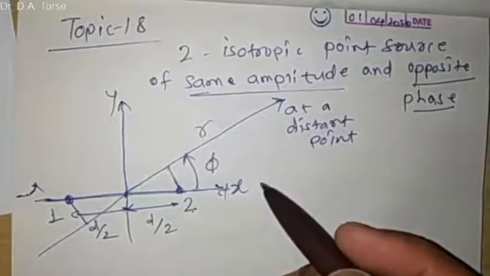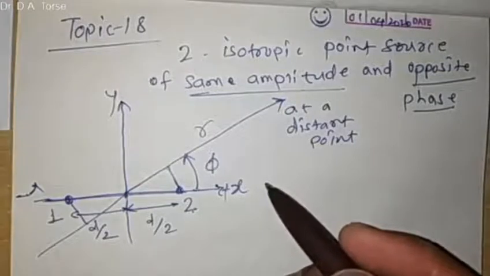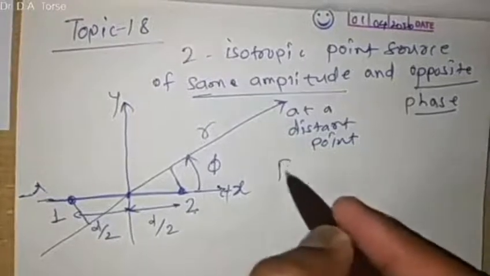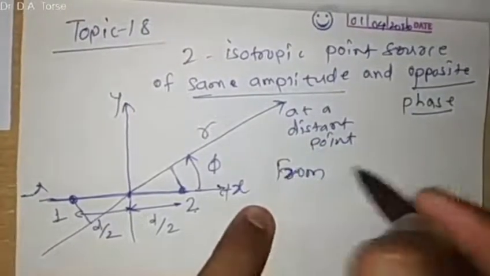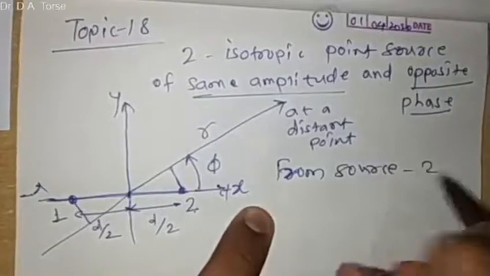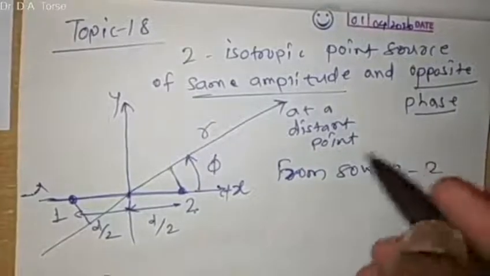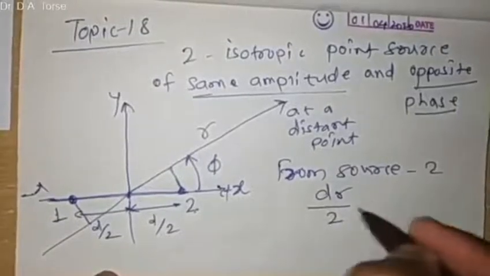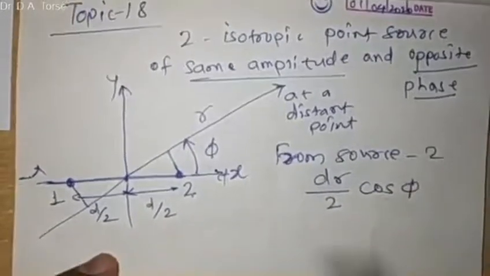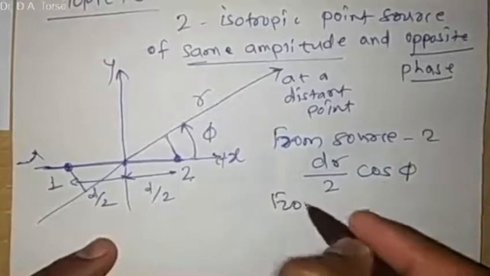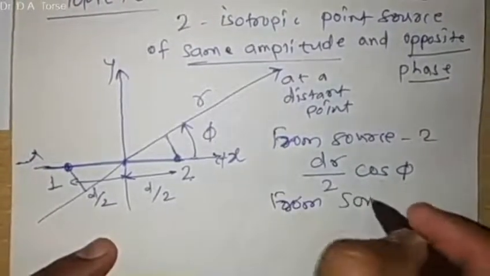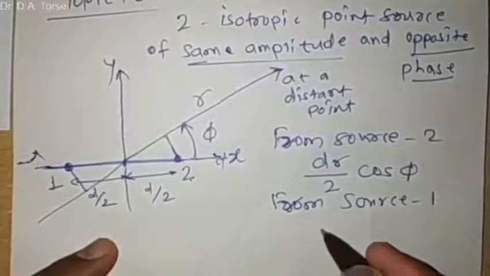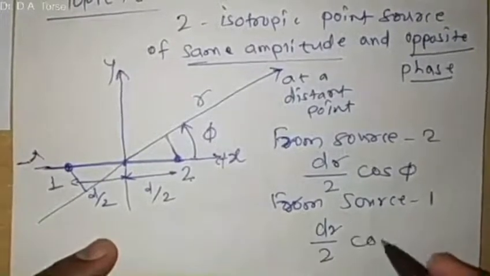There will definitely be a difference in the time at which these fields are measured. From source 2, the field will be measured advanced by a factor dr by 2 cos phi, very similar to the previous case, and from source 1, the field will be measured retarded by a factor dr by 2 cos phi.